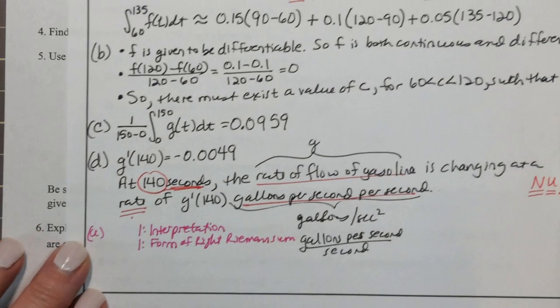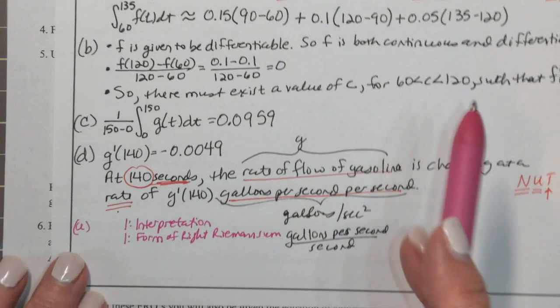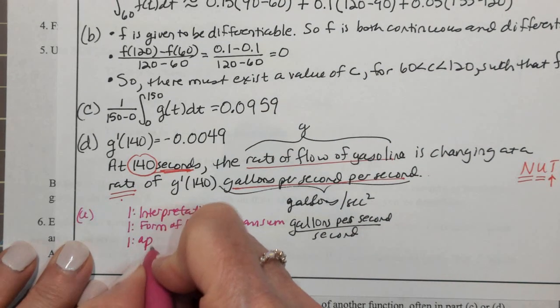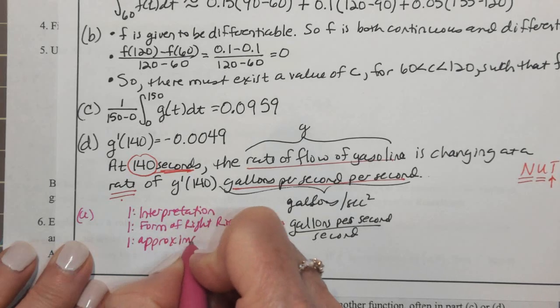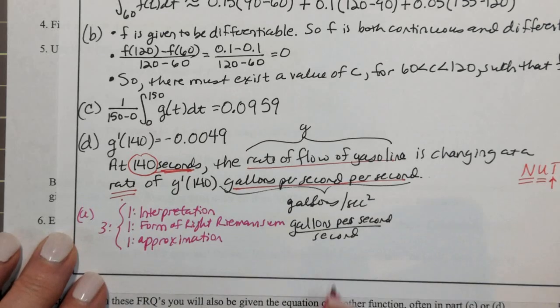They probably allowed for one or two typos, okay? But the form needed to be there. And then 1 point for the answer, the approximation. 3 points for part A.